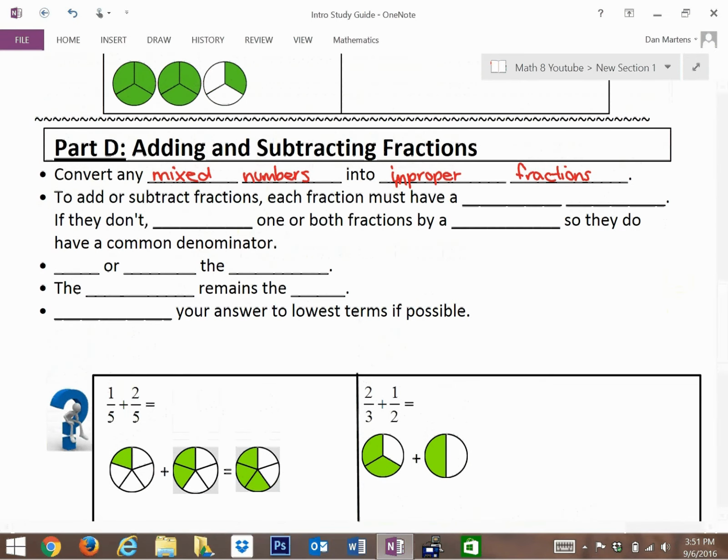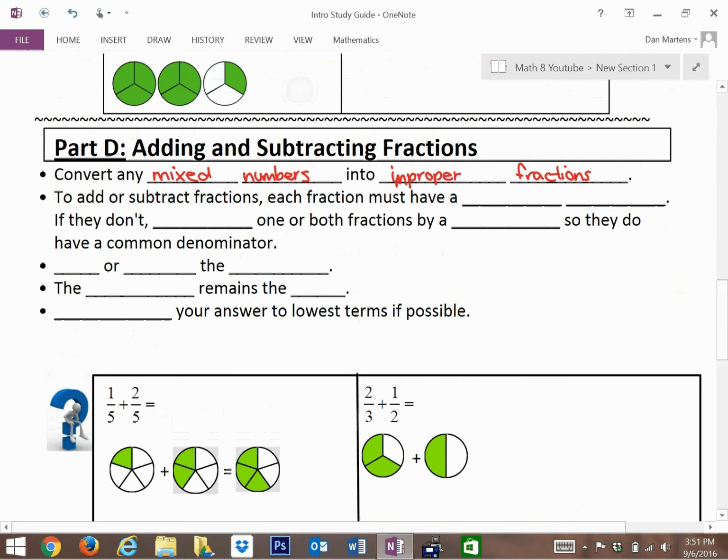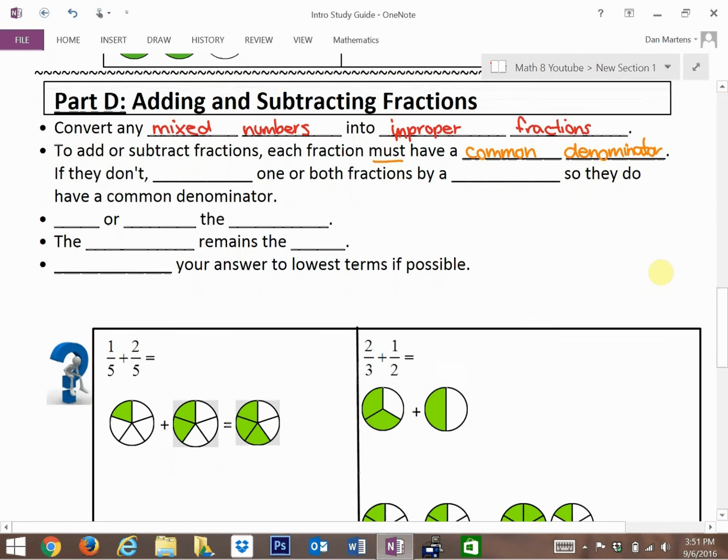The next and probably most important thing regarding adding and subtracting fractions, and you'll see this from the diagrams we have here in just a second, is that to add or subtract fractions, each fraction must have a common denominator. In this first question, we do have a common denominator.